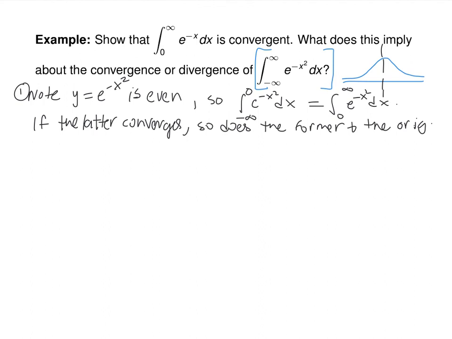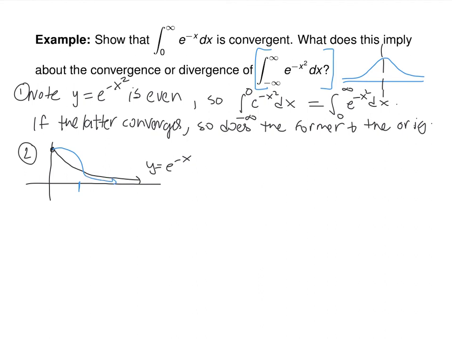Now, the second thing to do is to look at a bit of a picture. If you look at a picture of e to the negative x and e to the negative x squared, here is what happens. Both go through the point (0, 1). So that's what e to the negative x looks like. Up until 1, the e to the negative x squared is above that curve, a little bit like this.